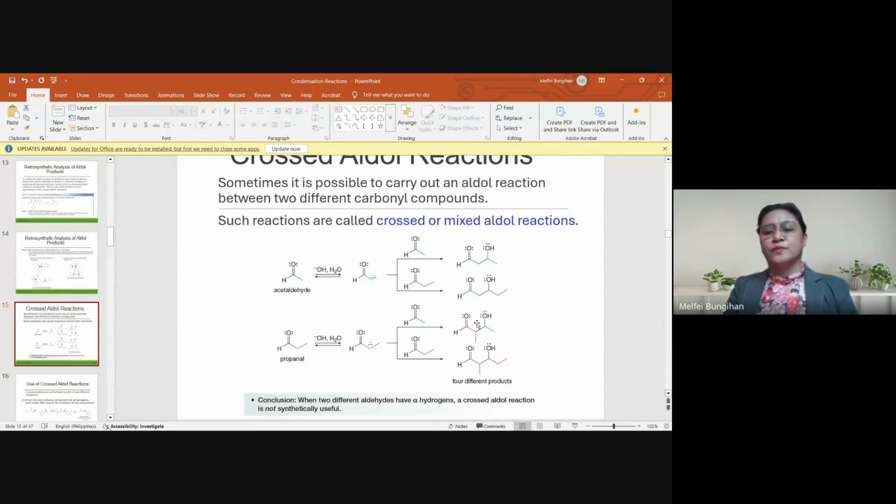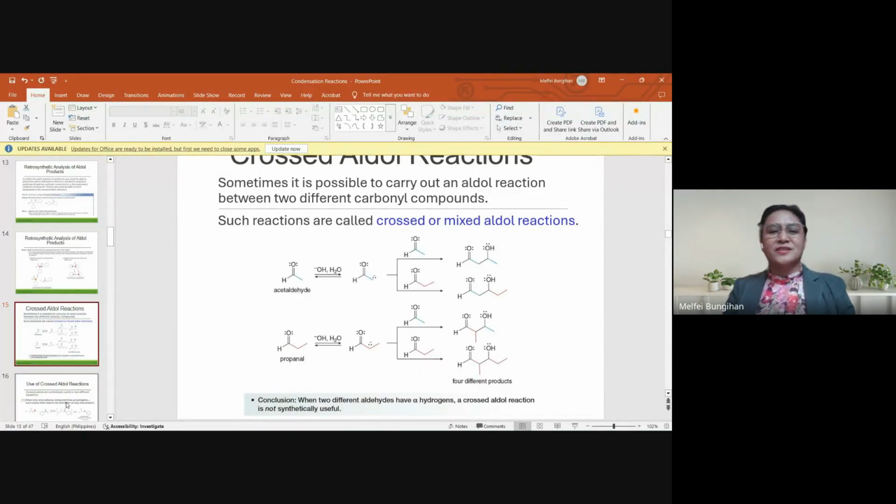So you form these products. So there are four different products that can be produced from mixing these two different aldehydes. So the conclusion here is when two different aldehydes both have alpha hydrogens, a cross aldol reaction happens, and there are mixtures of products that can be formed.